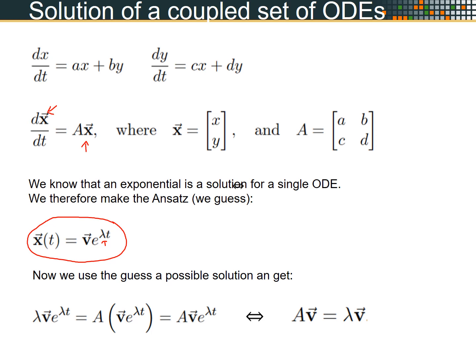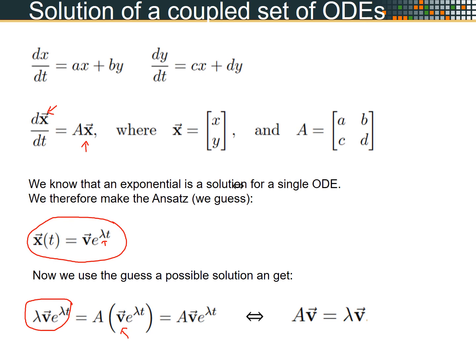So this is the differentiated signal of our guess, the solution of the differentiation. On the right hand side, we just plug in our guess.